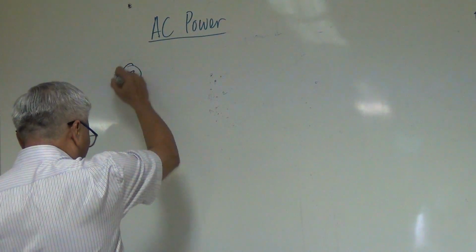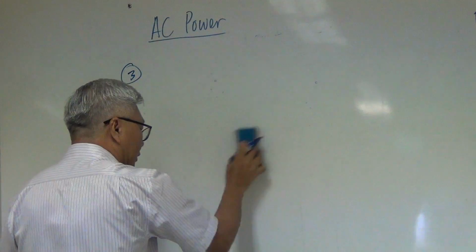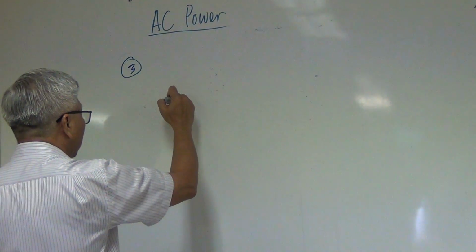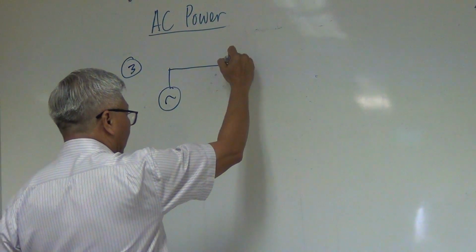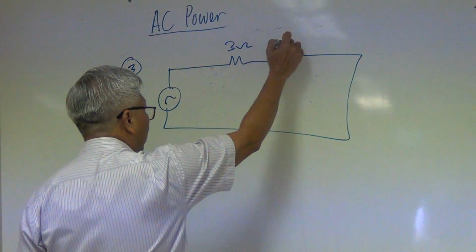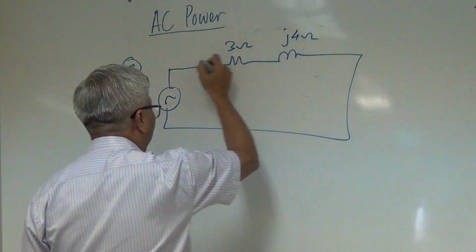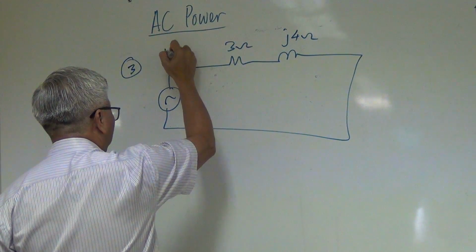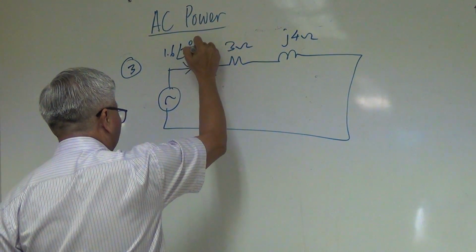Point number 3 is that there are other ways of finding power. For example, if I have an inductive circuit here, this is 3 ohm and this is j4 ohm, and the current is equal to 1.6 angle 20 ampere.